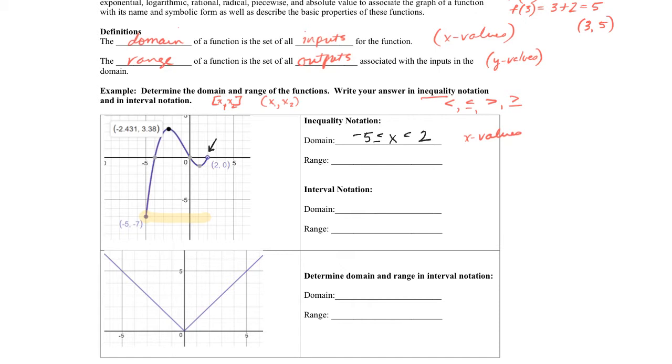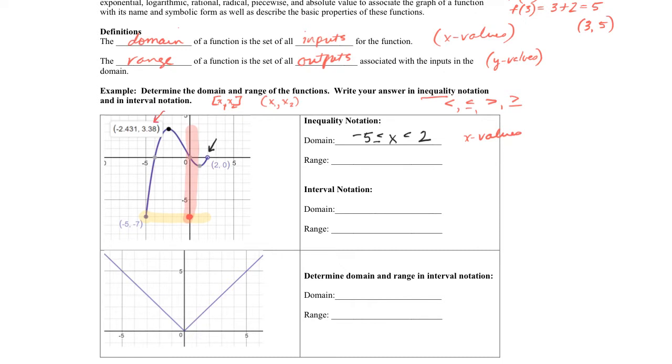Now I'm ready to look at the y values on the graph. For my y values, I can see my smallest y value is down here at -7. And then if I trace up the graph, I can see that y values stop at a high of 3.38.